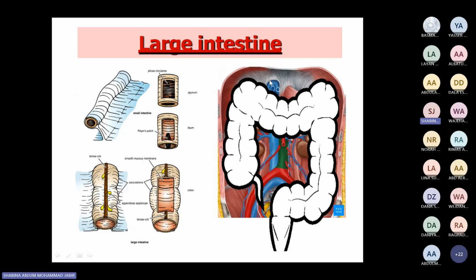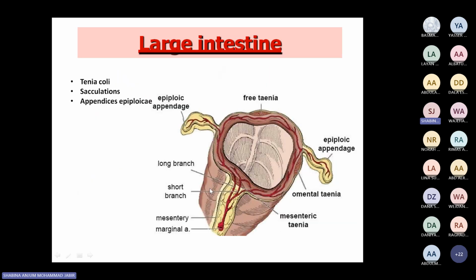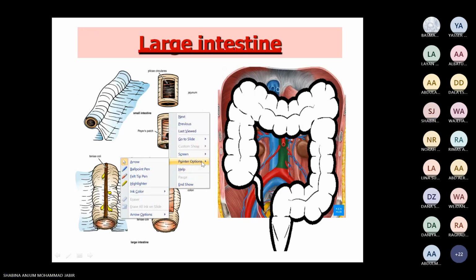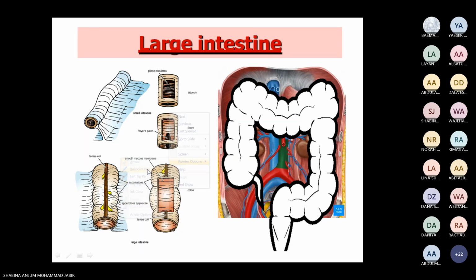These are called sacculations or haustrations. If I make it like this, these are the sacculations, and this is one lumen.